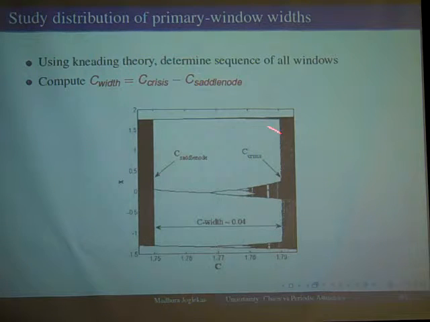As I have already shown, this is a picture of a period 3 window, and the width of the window is defined as the parameter difference between the crisis point, that is this point, where the 3 chaotic attractors merge to form a single piece chaotic attractor, and this point, which is the saddle node point, where the period 3 attracting orbit emerges. So this distance is referred to as the width of the window.